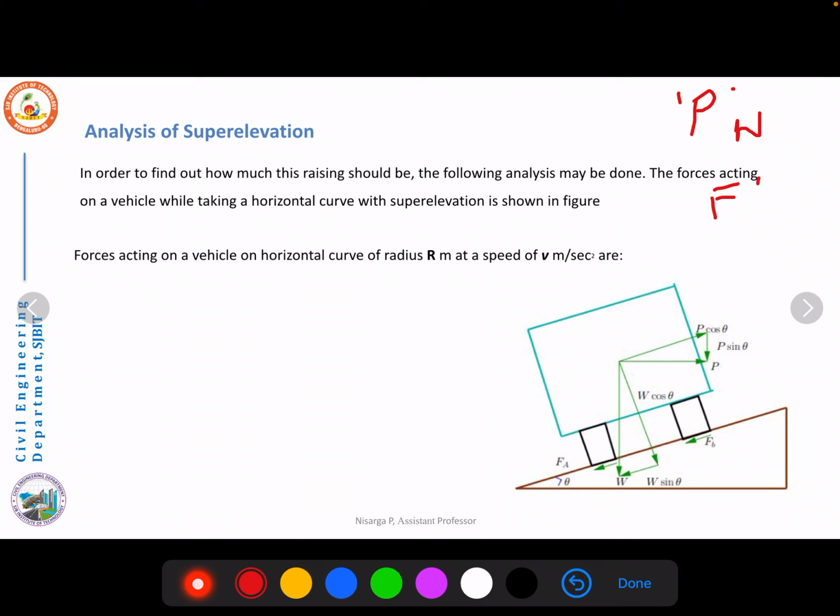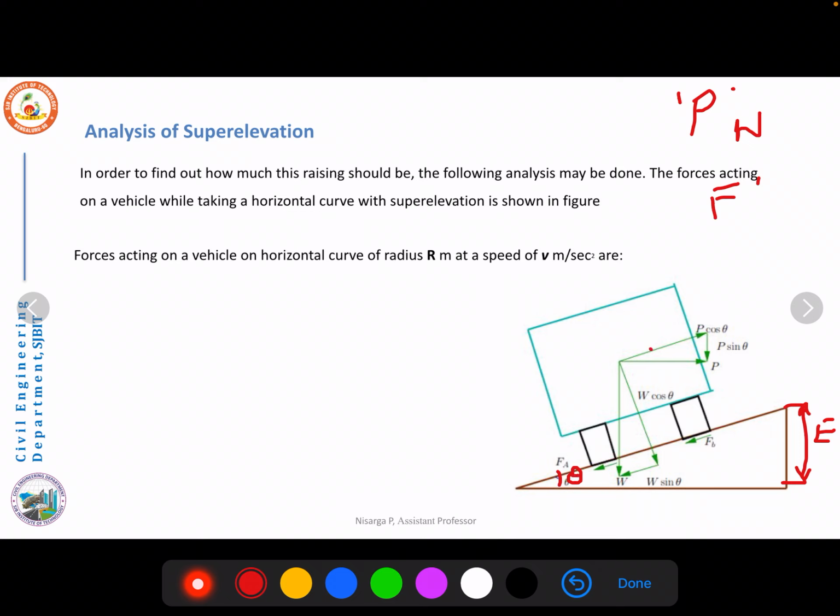Now let us consider all these forces acting on the vehicle when it negotiates the horizontal curve, but here considering the superelevation. When we previously discussed the horizontal curve, we discussed the forces acting on the vehicle without superelevation. But now we have raised the pavement with respect to the inner edge by an amount E, and the angle subtended we will take as theta.